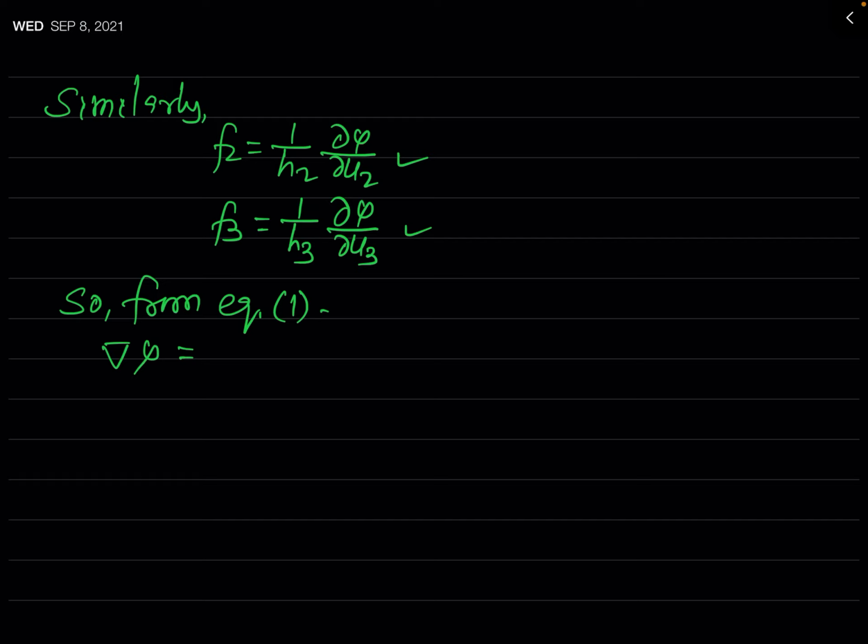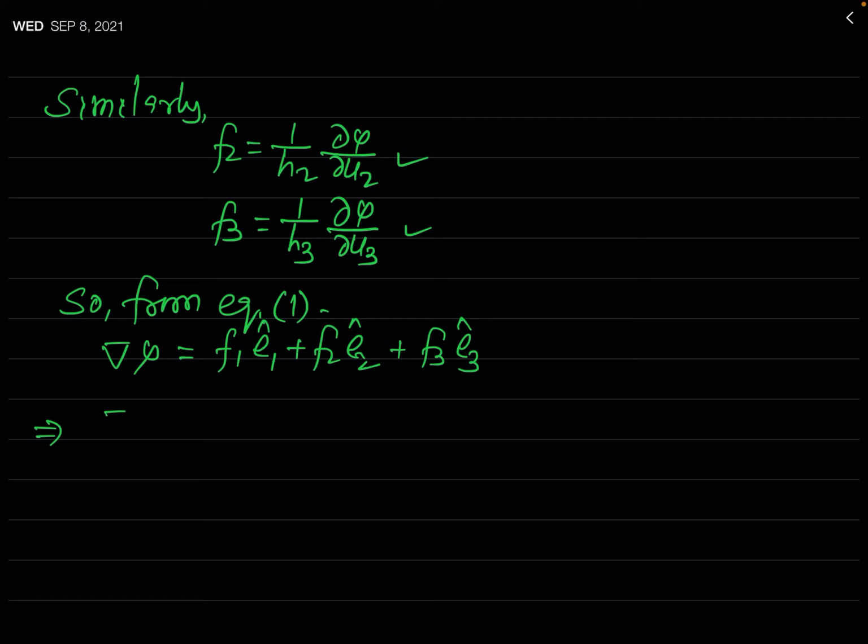You have seen that del phi has been defined in this manner: F1 E1 hat plus F2 E2 hat plus F3 E3 hat. Now substitute the values of F1, F2 and F3 which we have just evaluated.